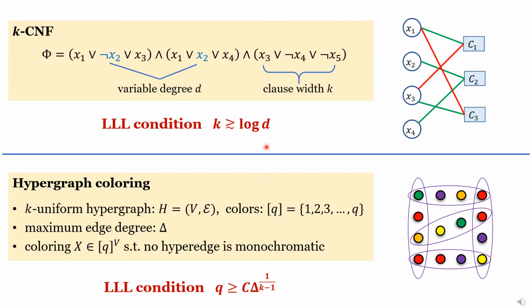Here we ignore the high-order terms. Similarly, for hypergraph coloring, by the Lovász local lemma, if q is larger than C times delta to the 1 over k minus 1, then the instance has a solution. Here, C is a constant, q is the number of colors, and delta is the maximal hypergraph degree.